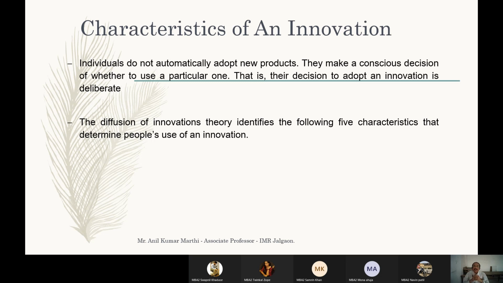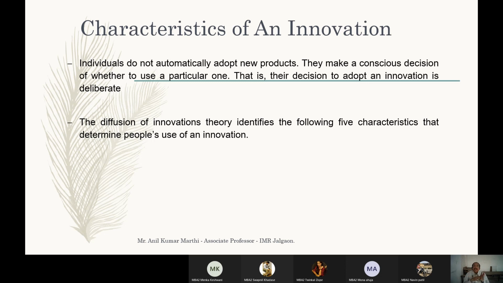Suppose, like I just took the example, there is a particular bank and they are offering you home delivery of cash. You don't even have to go to ATM. It may sound good. It looks refreshing. It looks innovative, and it is innovative. But how many people will immediately accept that particular service? There are people who will doubt it. क्या पता हम कैश मांगेंगे, वो जो कैश लेके आने वाला रहेगा वो भाग गया तो बीच में से.